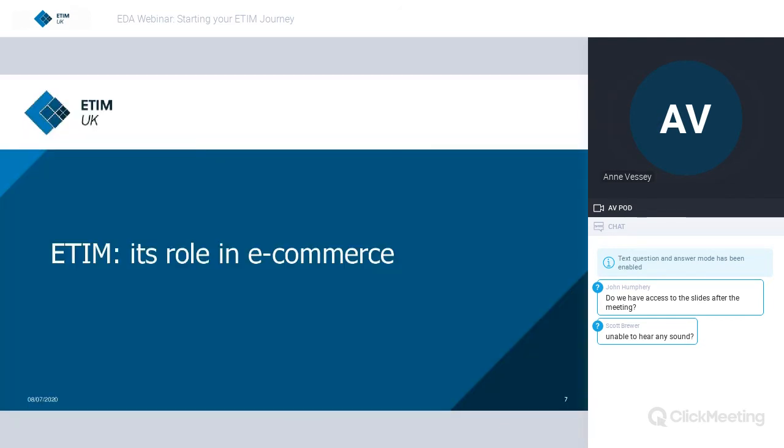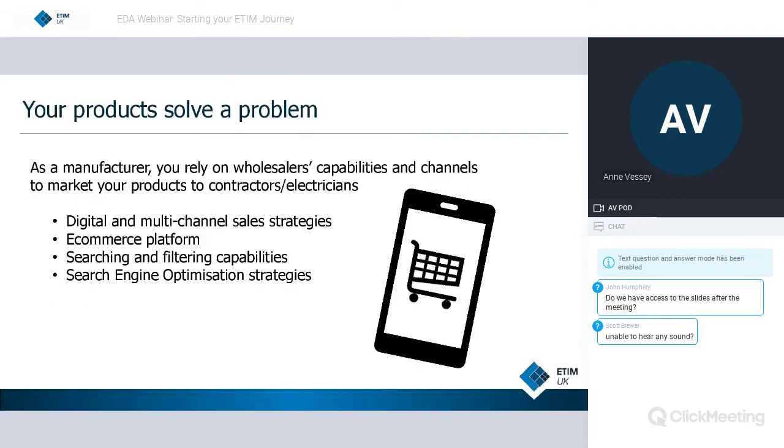Before I hand over to Richard, I just want to set the scene for you about ETIM, why it is important and its role in e-commerce. If you think about your products as a manufacturer, your products solve a problem. And as a manufacturer selling into the wholesaler, you rely on a wholesaler's capabilities and channels to market your products to the customer. So the wholesaler is thinking, how can I help my customer, the electrician and contractor? How can I help them find the right product for their needs?